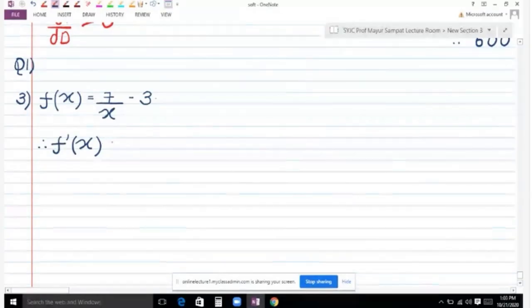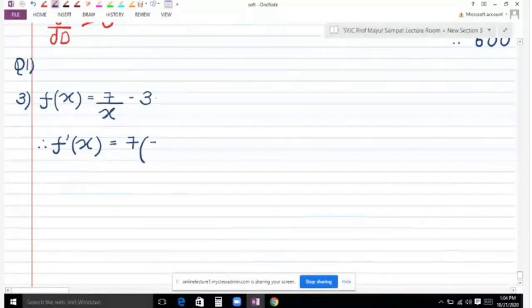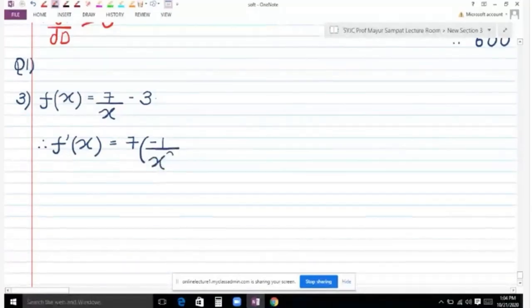Derivative of f of x is f dash x. 7 is a constant, so it comes outside, and the derivative of 1 upon x is minus 1 upon x square. 3 is a constant, the derivative of a constant is 0.